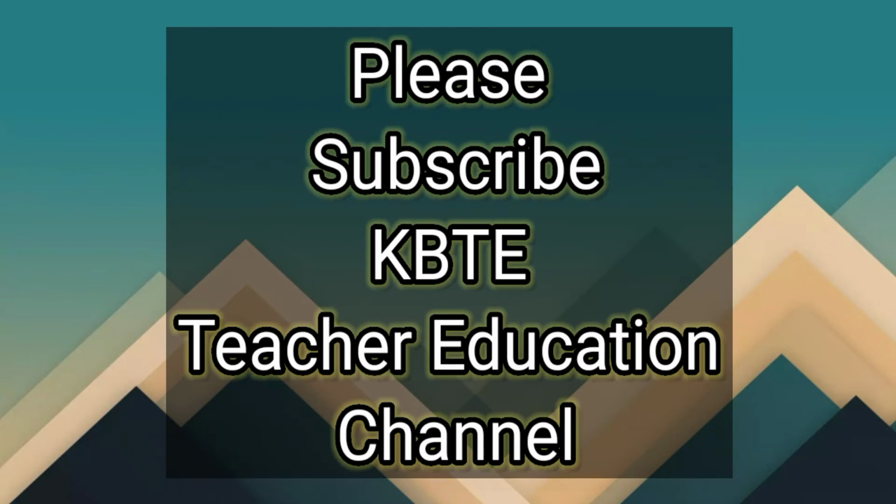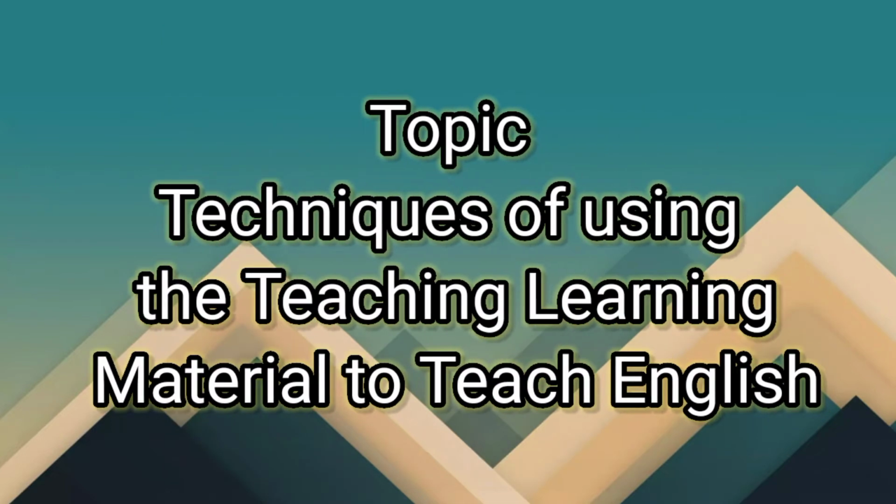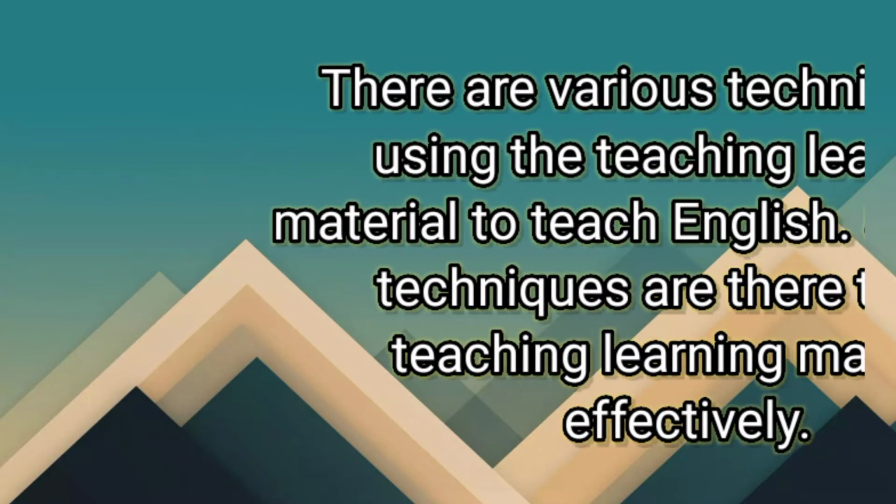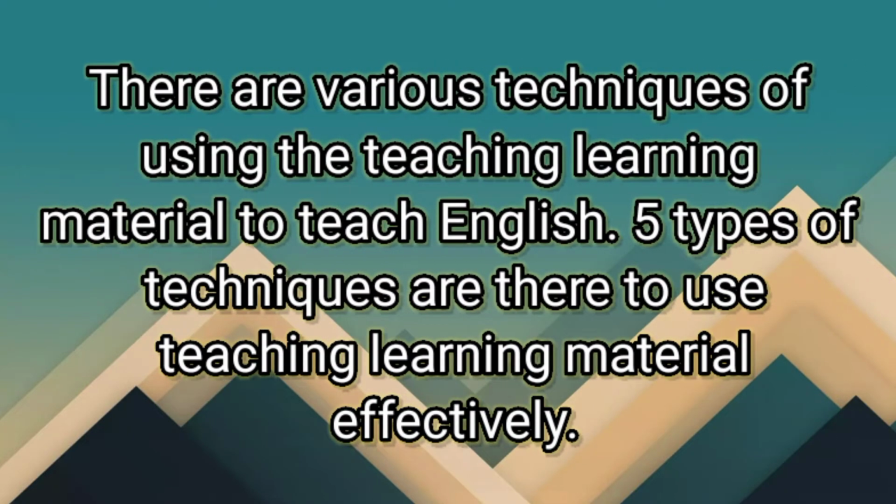In this class, we are going to discuss the techniques of using teaching learning material to teach English in an effective manner. Basically, there are various types of techniques which play an important role in using teaching learning material to teach English lessons inside the classroom.